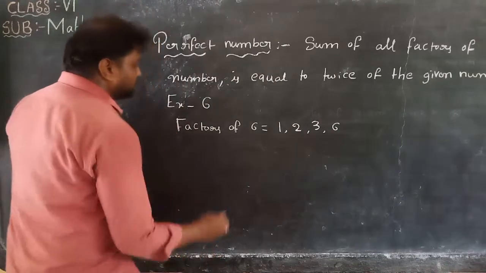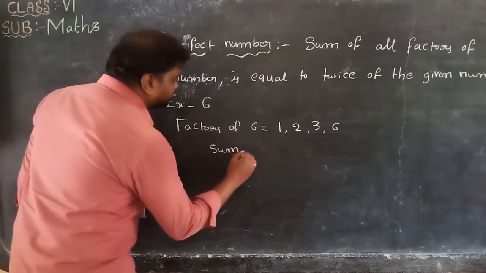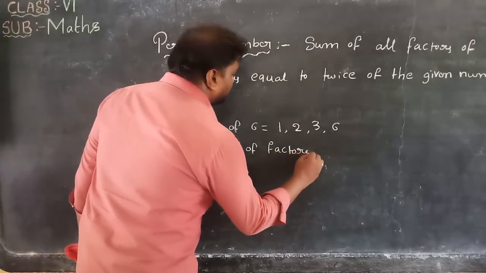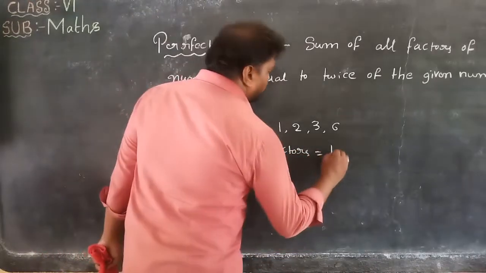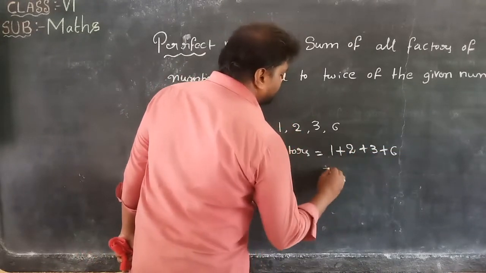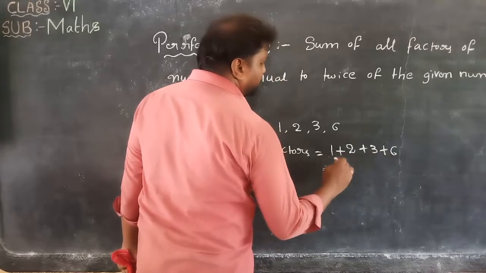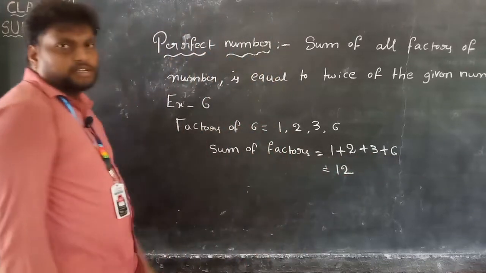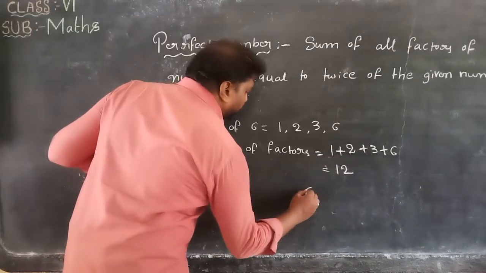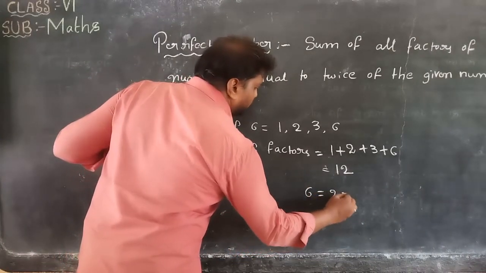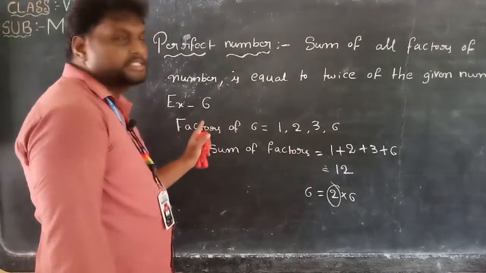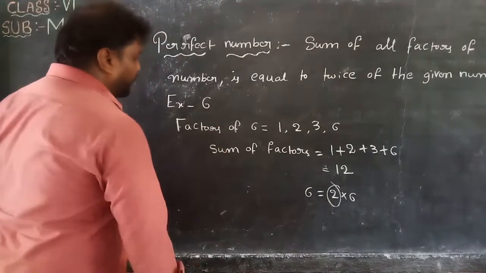The sum of factors is 1 plus 2 plus 3 plus 6, which is 6 plus 3 is 9, plus 2 is 11, plus 1 is 12. So 12 is twice of 6, that is 2 into 6. That's why 6 is a perfect number.